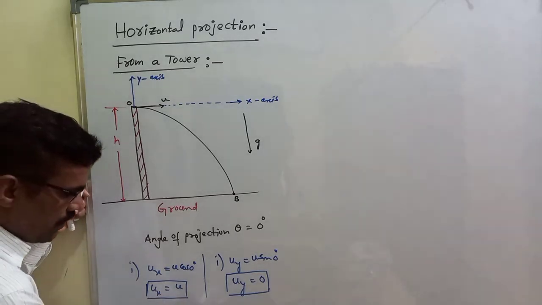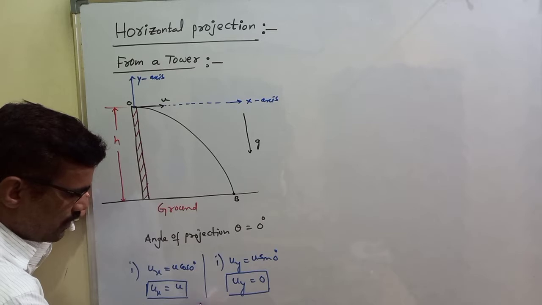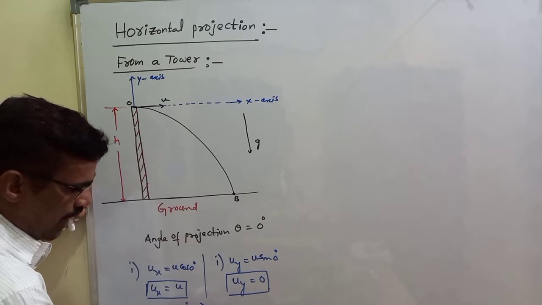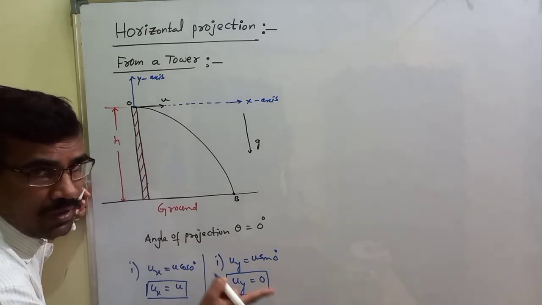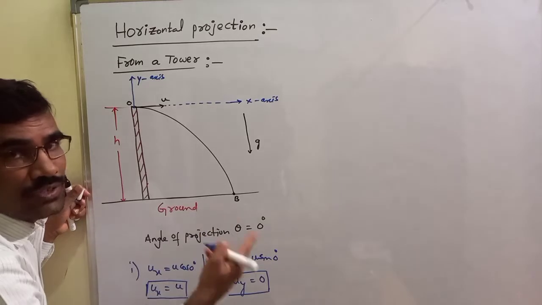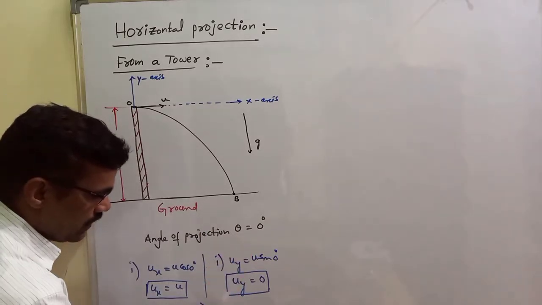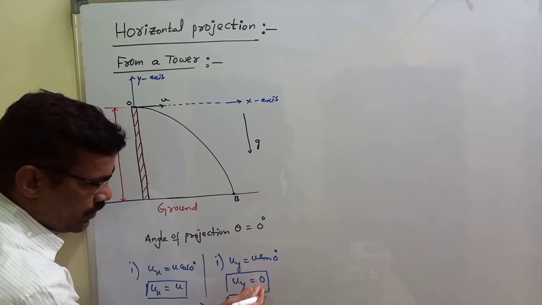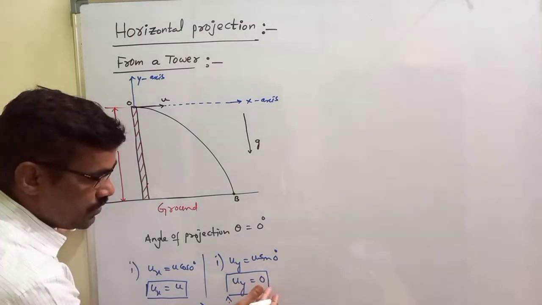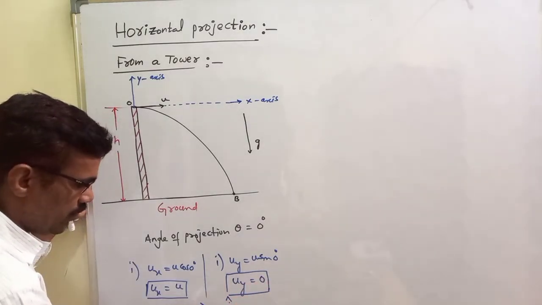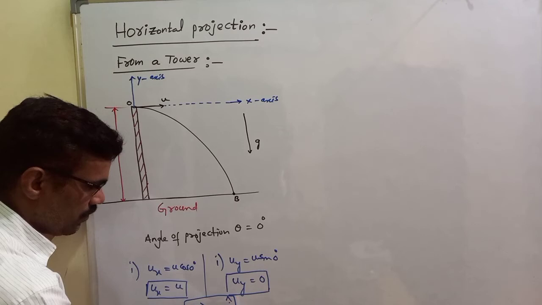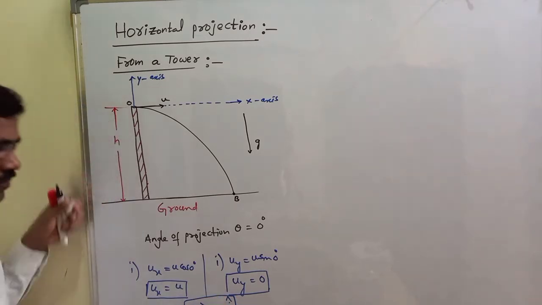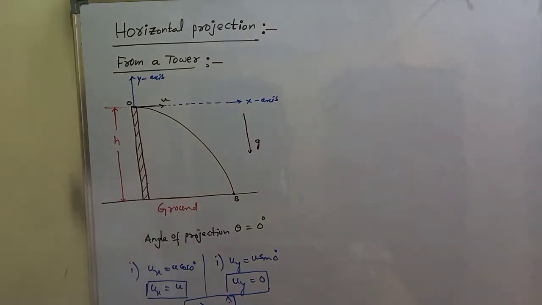Then what is the velocity vector? Initially, it is the horizontal component i cap plus the vertical component j cap. That is u i cap plus 0 j cap. That's why it is u i cap only. This is the vector notation of the initial velocity vector.